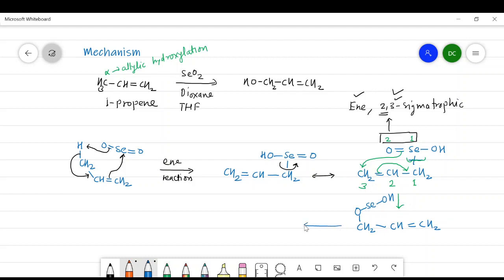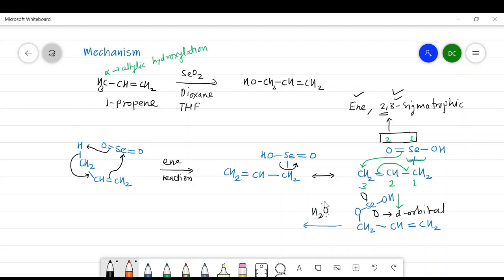Then a water molecule will attack the selenium. Why selenium? Because it contains vacant d orbitals. These d orbitals are vacant ones.